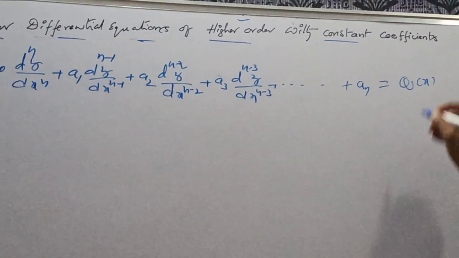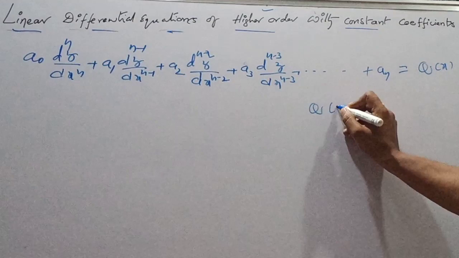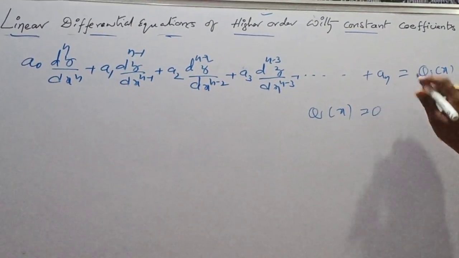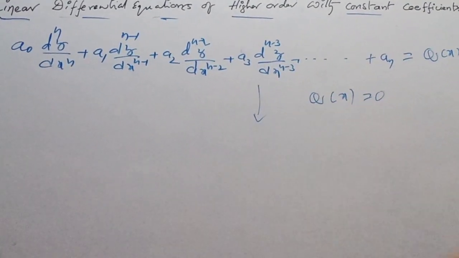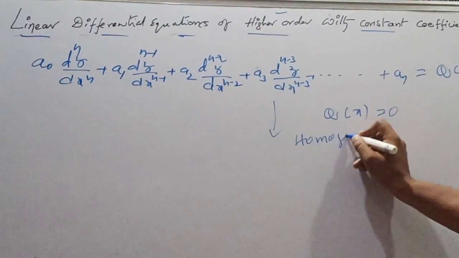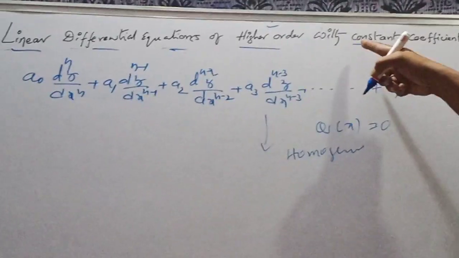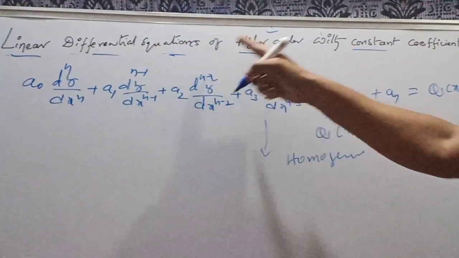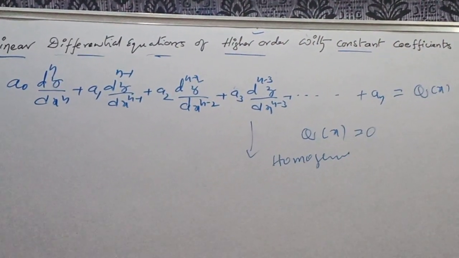Suppose Q of x equals 0, then this higher order differential equation is called a homogeneous higher order linear differential equation with constant coefficients.